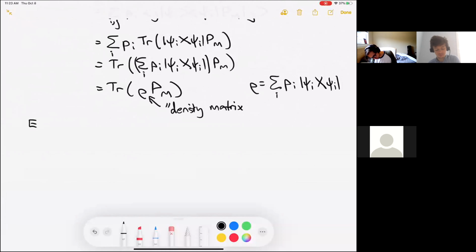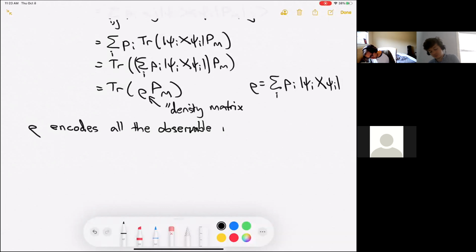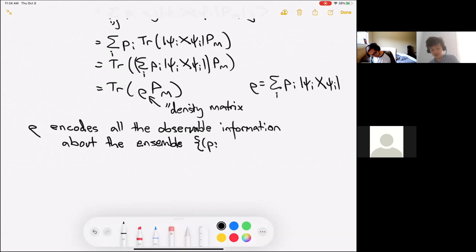So this density matrix rho encodes all the observable information about the ensemble pi psi I.